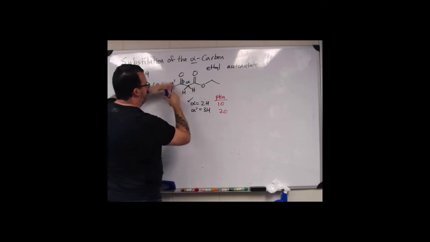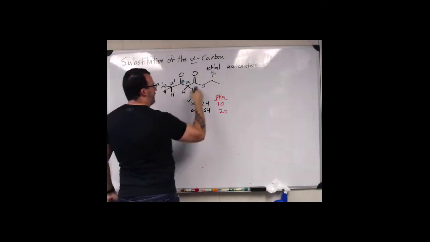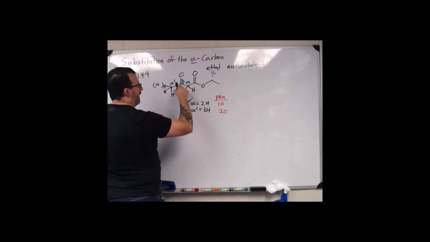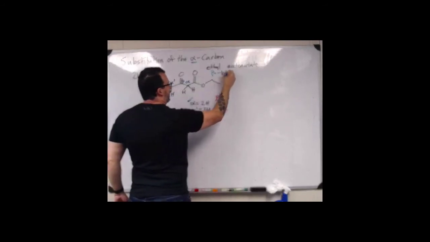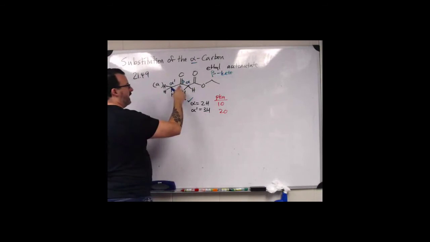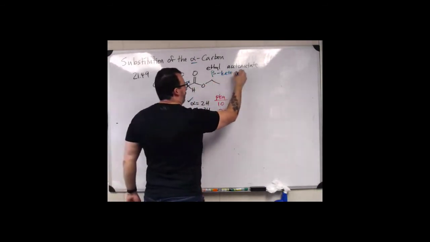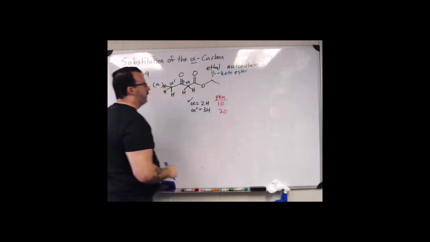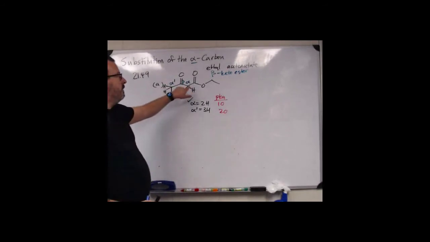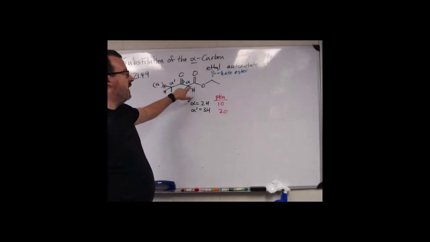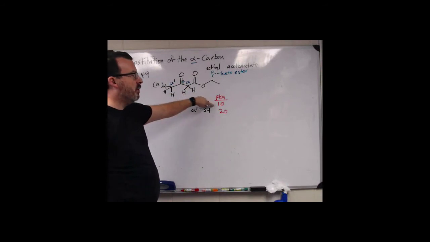This compound is called a beta keto, so ketone, ester. When you have these methylene alpha carbons sandwiched by 2 carbonyls, they're pretty acidic, and that's where the action happens preferentially.